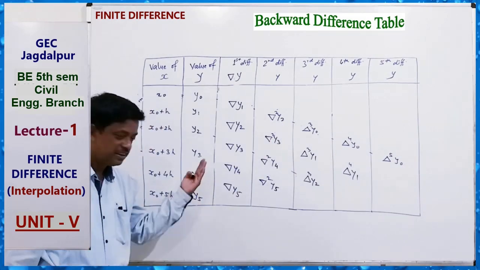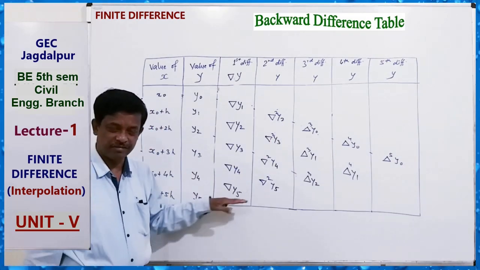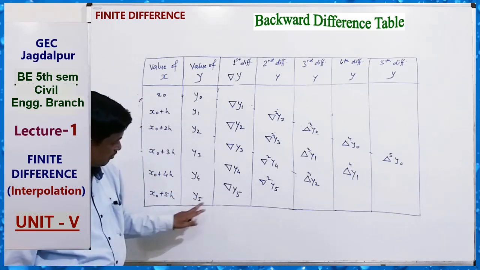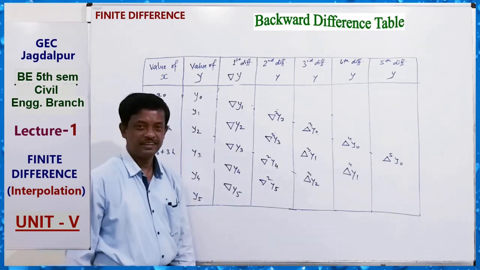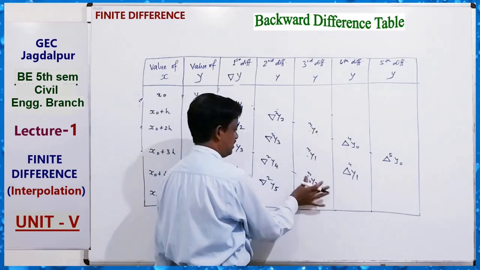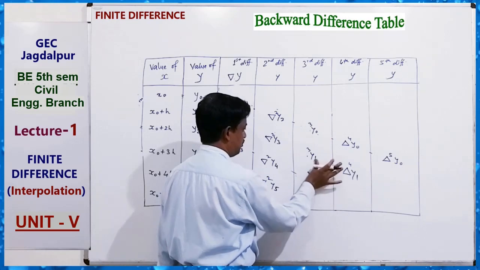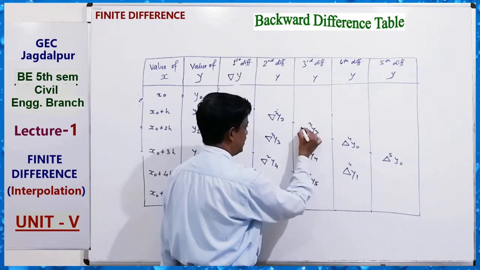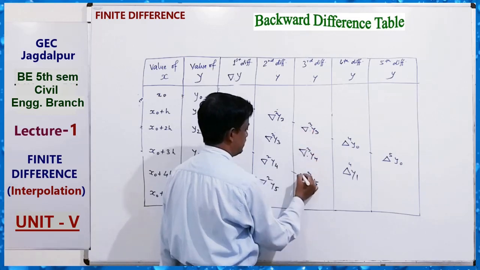But in the lower part, from the backward side of the series, we see 5. The notation is from 5, 4, 3, backward difference.